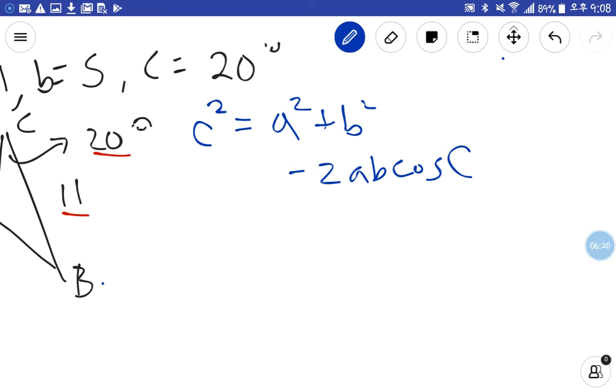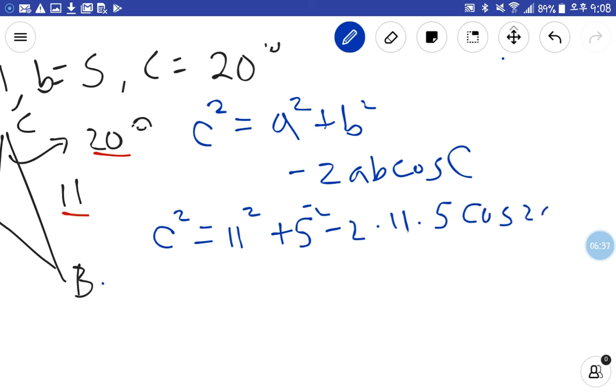Alright, so now I'm looking for my c. What is my a? 11 squared. What is my b? 5 squared, minus 2 times 11 times 5 and cosine 20. Please practice using your calculator, guys.